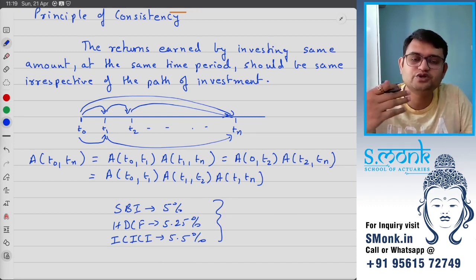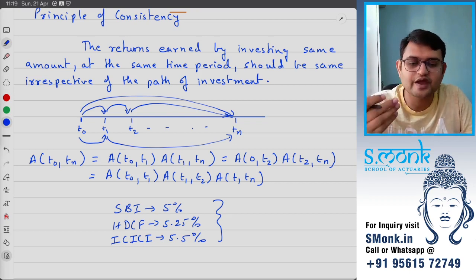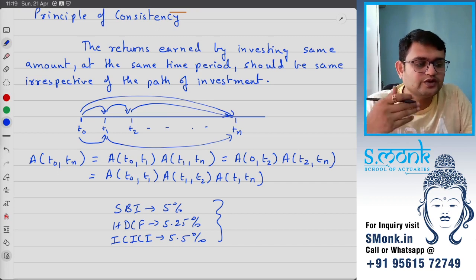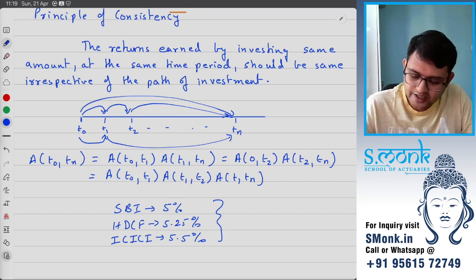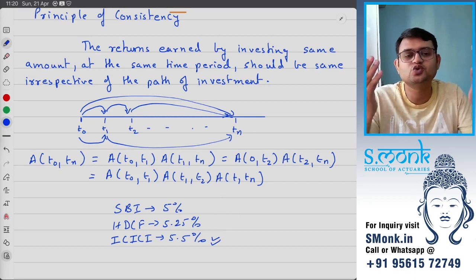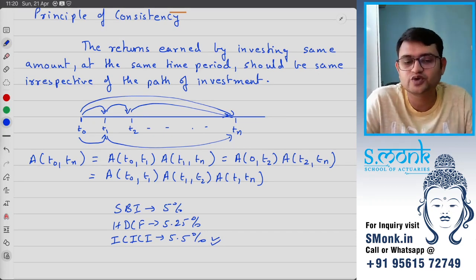If you have an option of 5%, an option of 5.25%, and an option of 5.5% returns, which one would you choose? You will always choose 5.5%, right? ICICI. The reason is you are getting the highest returns. Who wants less returns, right? Nobody wants less returns. Everybody wants more returns.